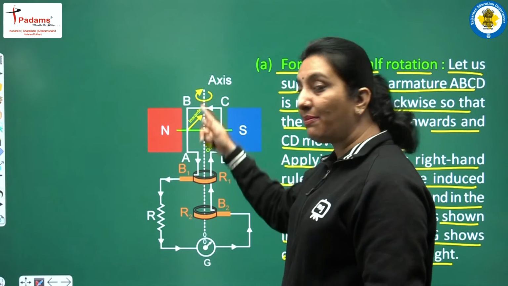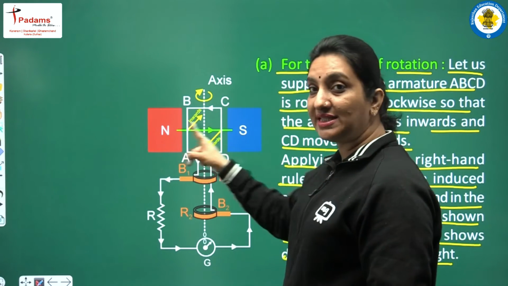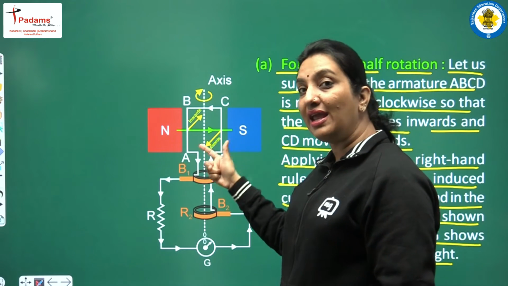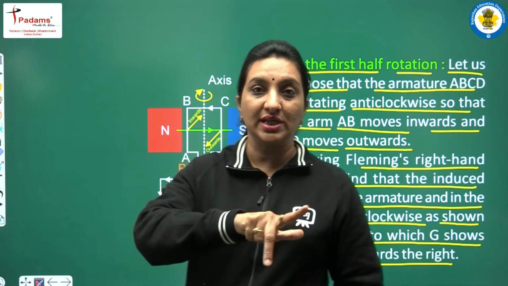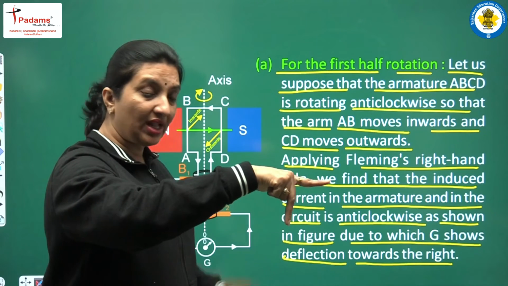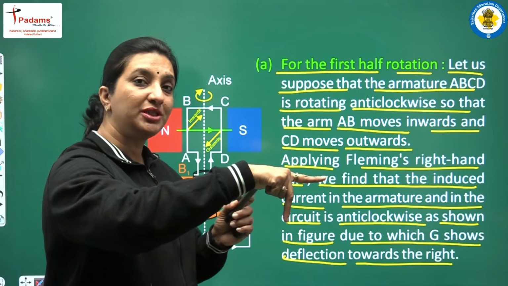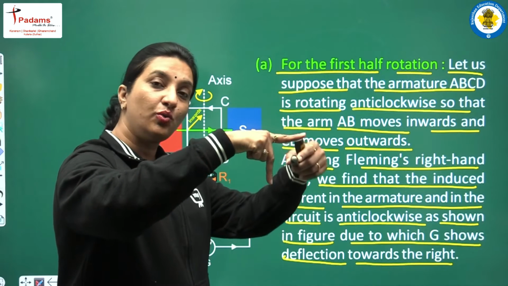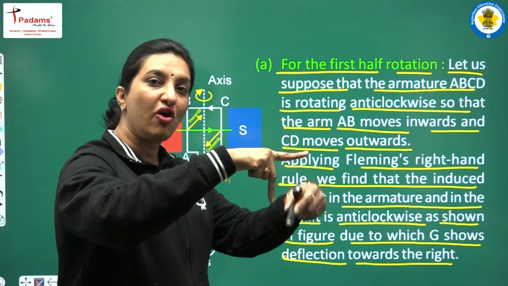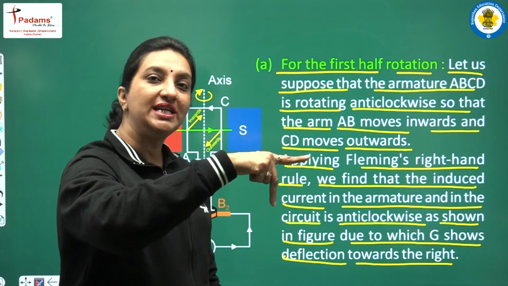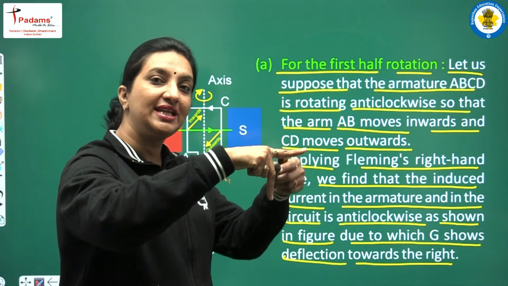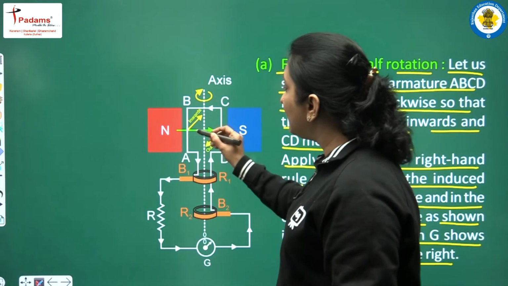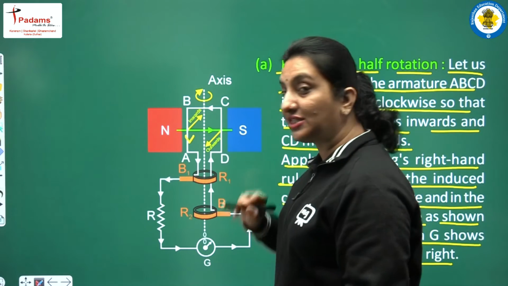So in arm AB, north to south is the direction of magnetic field and the arm AB is moving inwards. So the thumb is pointing inwards. The direction of magnetic field is like this. So the middle finger is pointing downwards. That is, the direction of induced current is downwards.